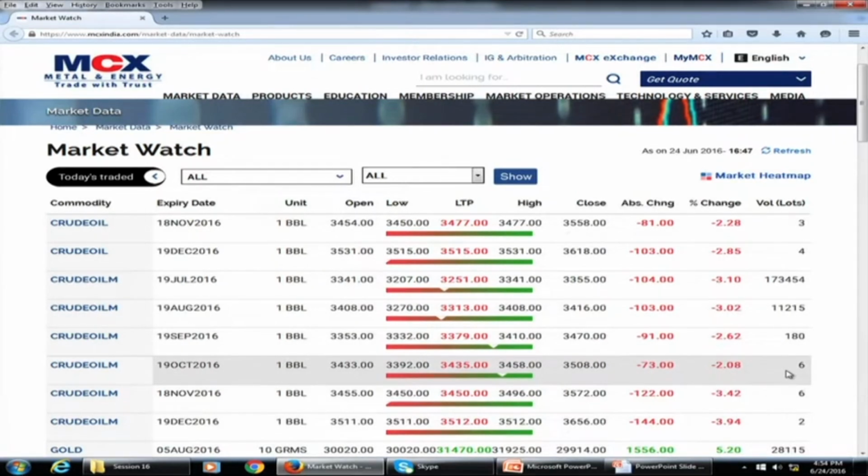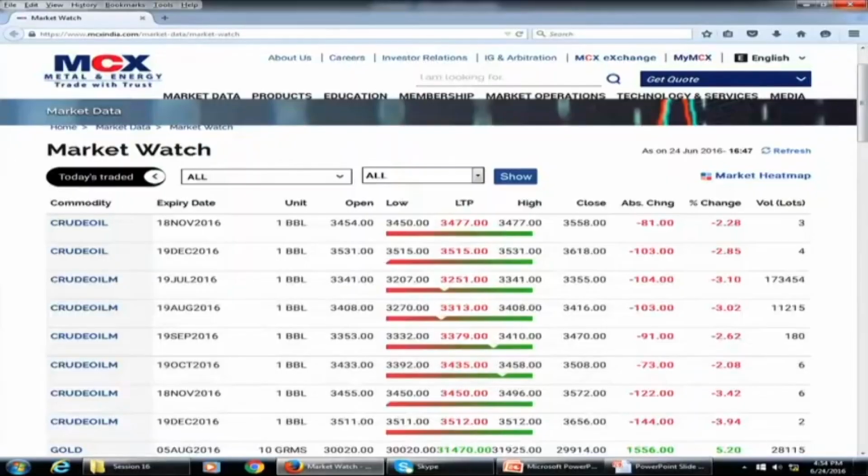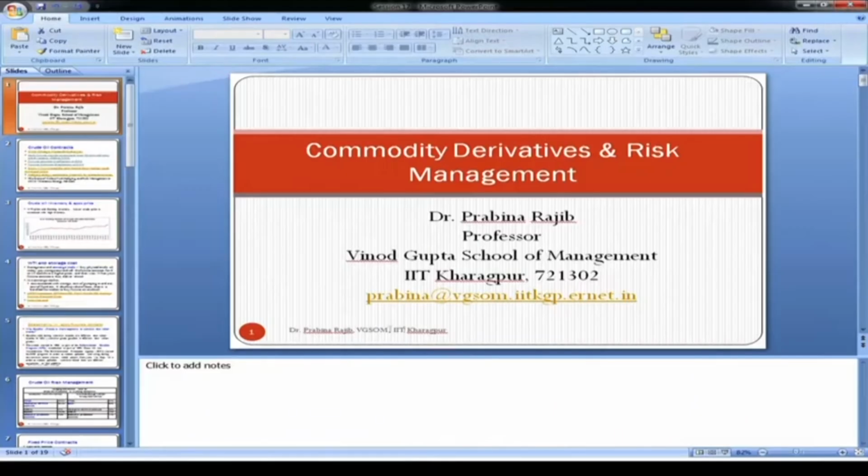What I am driving at, the key takeaway from this discussion, is that in India crude oil contracts have a maximum duration of 6 months. So a company using the exchange platform will be able to mitigate the price risk only for 6 months.